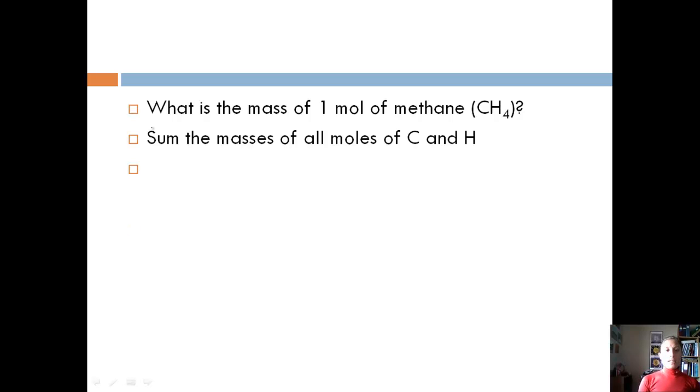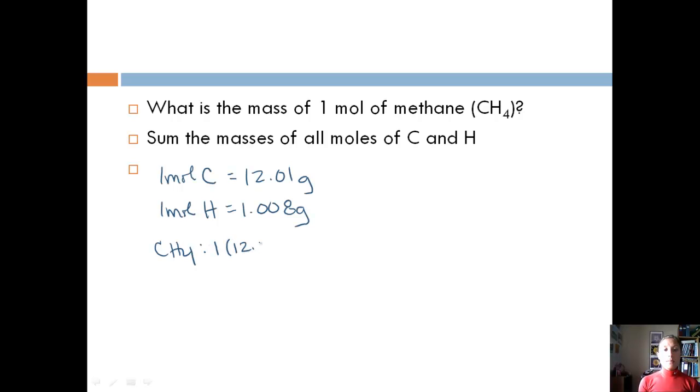Okay, so let's take CH4. We know for every 1 CH4 there's 1 mole of carbon. If I look at the periodic table, 1 mole of carbon is equal to 12.01 grams. If I look at the periodic table for hydrogen, 1 mole of hydrogen is equal to 1.008 grams. And so for CH4, we have 1 mole of carbon times its mass. So technically this should be 1 mole.